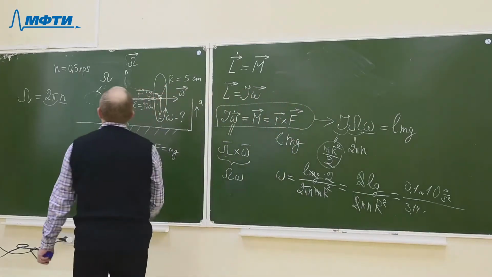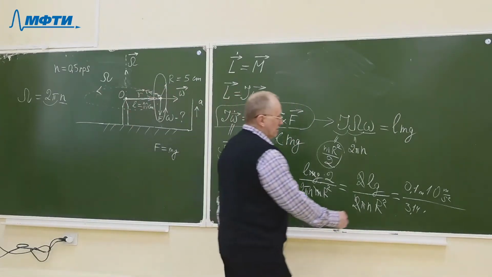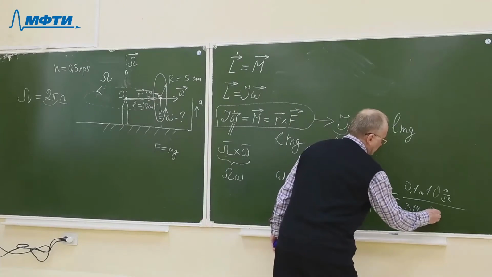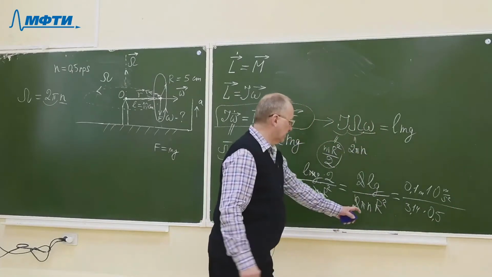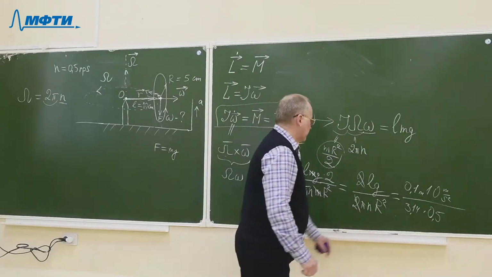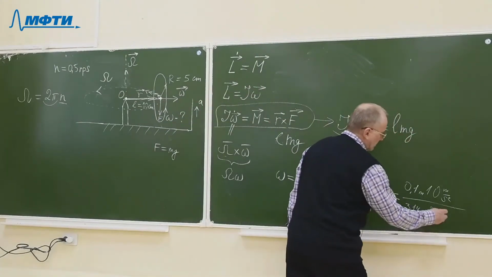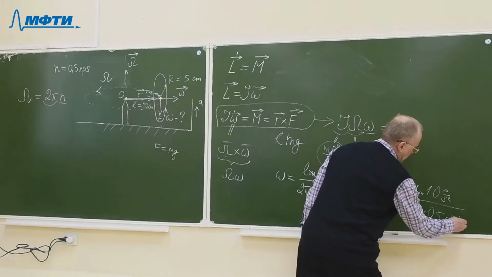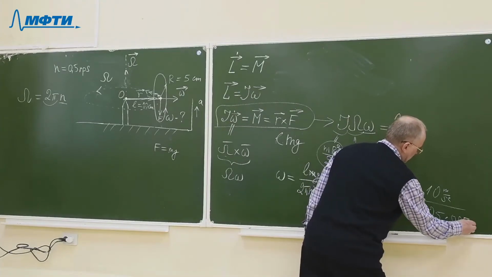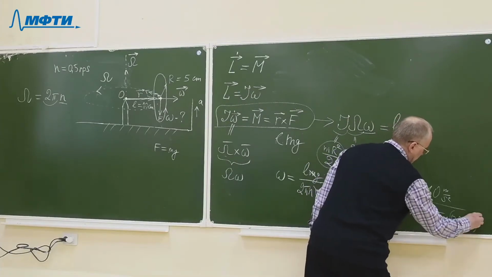N is given as 0.5 without any units. And r squared, r is 5 centimeters. 5 centimeters is what? Is 0.05 meter, and that should be taken squared.